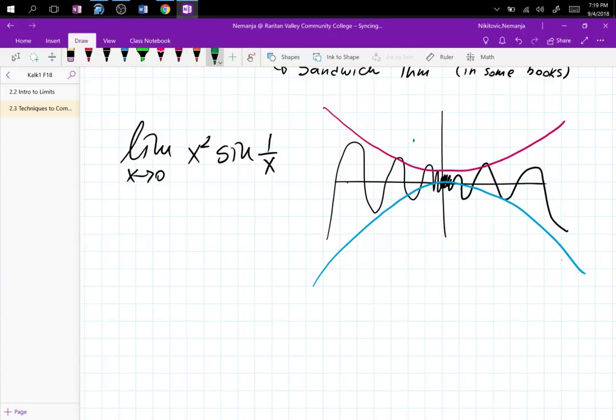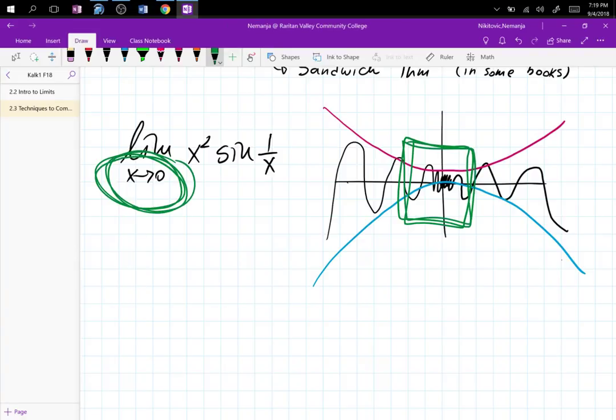And if they all meet at the same point here, because we are looking for the limit at 0, if both blue and red give me the same value, the function that it's squeezed in between has to give you the same value, because cheese, right?